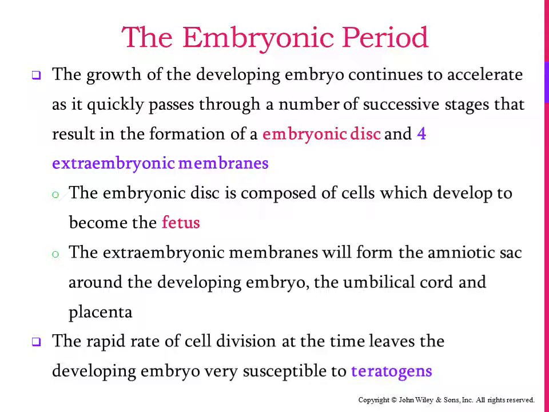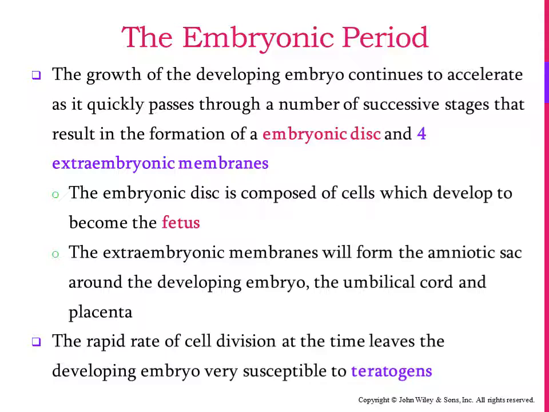Now, because the cell division is so rapid at this time, the basic cell types are being laid out. Any errors in DNA copying and any mutations that occur can lead to serious developmental defects. So this is a stage where the embryo is very susceptible to factors that disrupt normal development.